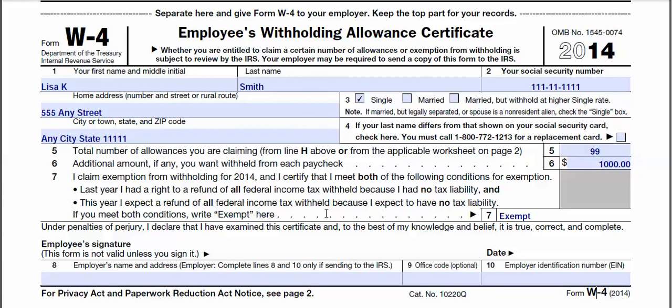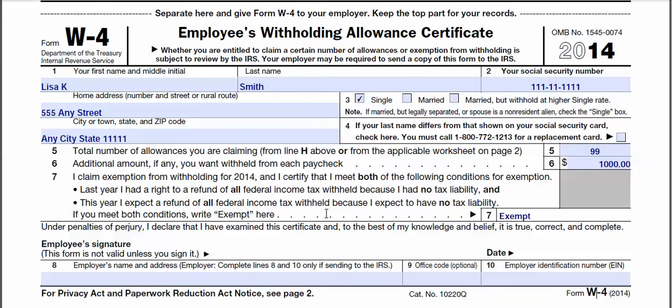Now, at any time, if any of your information on your W-4 is poorly written, if your payroll department cannot read your name or your address or anything that you handwrite, then that makes your W-4 invalid. So they would have to withhold at single zero.